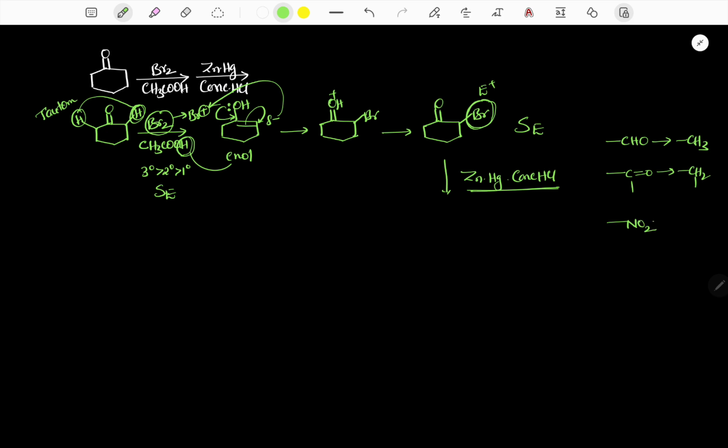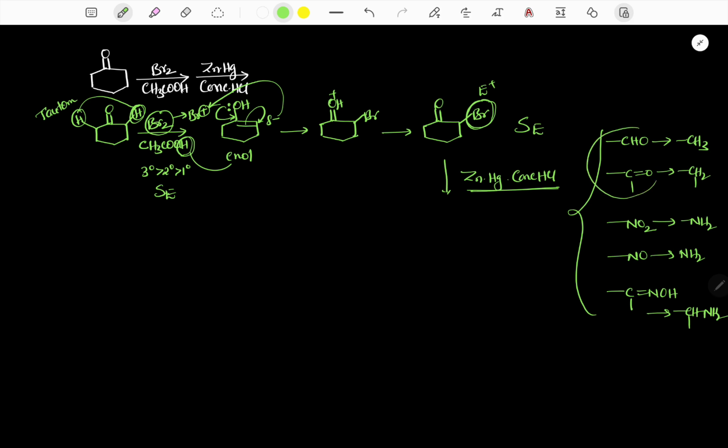If NO2 group is there, converted to NH2. If NO group is there, converted to NH2. And if oxime group is there, it will be converted to the corresponding amine. So these are the reactions we have to consider for zinc mercury conc. HCl.